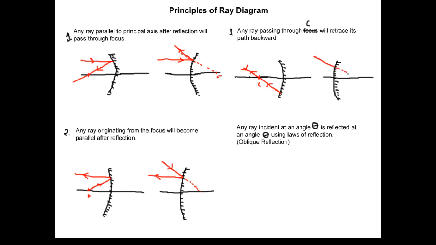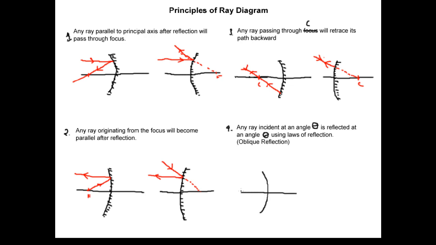Now, what about the last one? That is the oblique reflection. The oblique reflection states that if you consider any ray which is neither paraxial nor marginal... what are marginal rays? The rays which are very close to the margin of the mirror and parallel are called marginal rays.